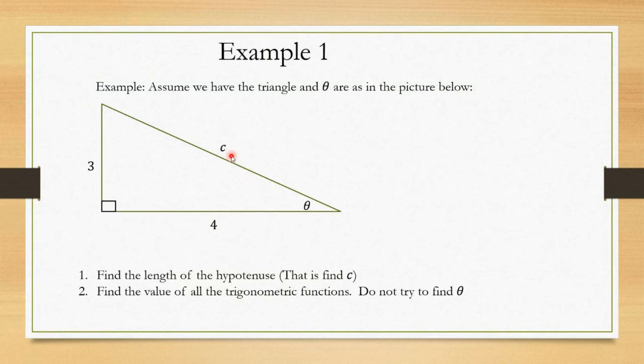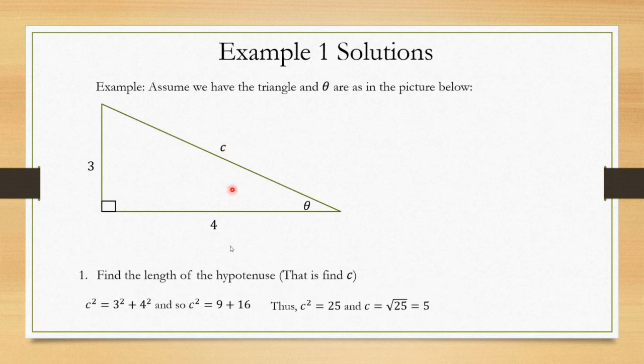Now, how do you get c, the length of the third side? Pythagorean's theorem. That's what I'm doing here. You have c squared is 3 squared plus 4 squared. 3 squared we know is 9. 4 squared is 16.